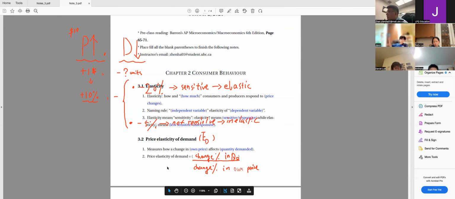The result you get here is called the elasticity coefficient. I want to make sure everybody knows how to calculate the percentage change. Do you guys know how to calculate percentage change?